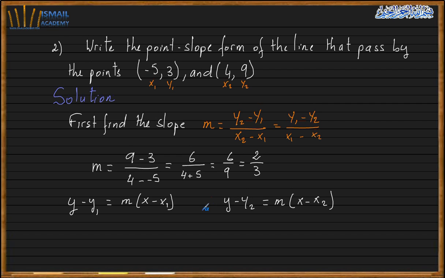At least you see the idea. So here I will have y minus y1 equal m times x minus x1, and here I will have y minus 3 equal 2.